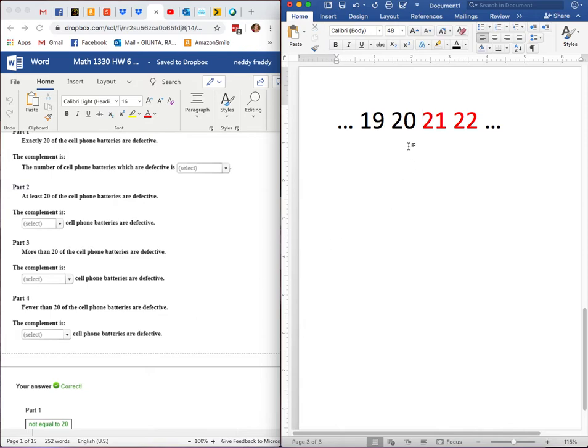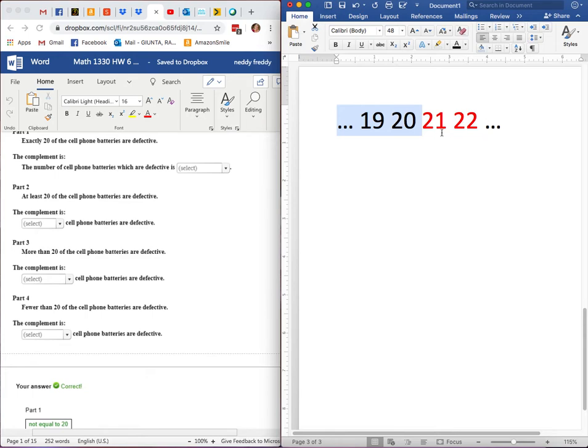And fewer than 20 would start with 19 because fewer than 20 does not include 20. Fewer than 21 would be 20 and below, and therefore that's the correct answer because it includes all the numbers that weren't part of the first statement.